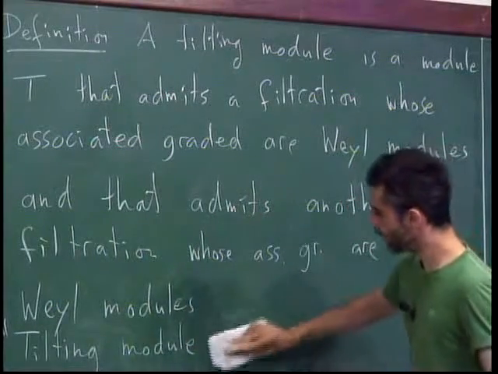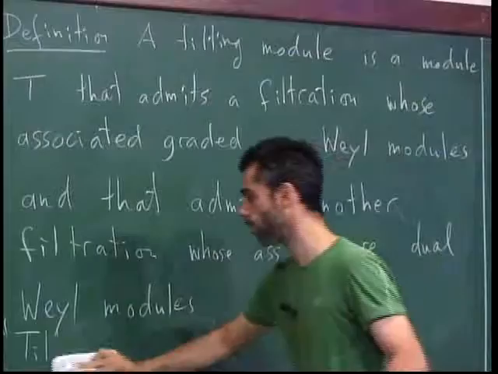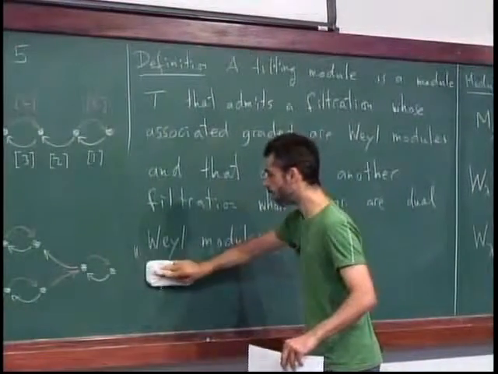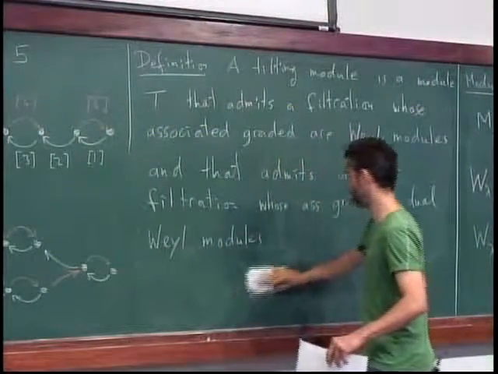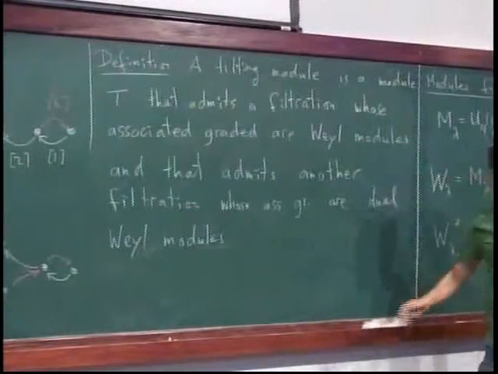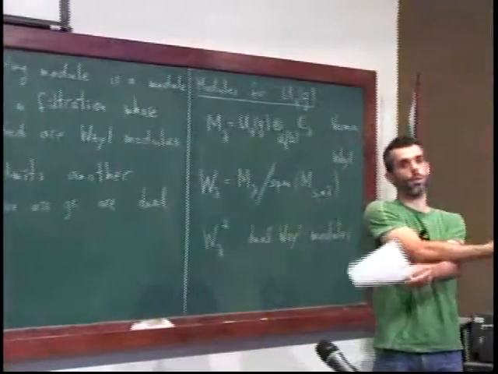So Weil modules are things that are not self-dual, but tilting module is a self-dual notion. You're a tilting module if and only if your dual is a tilting module.